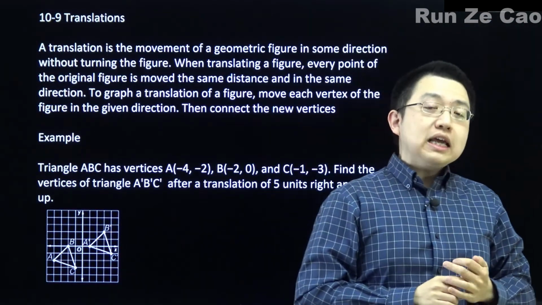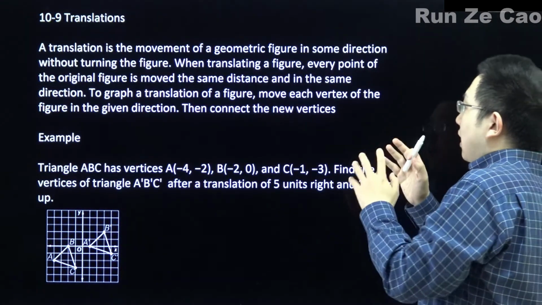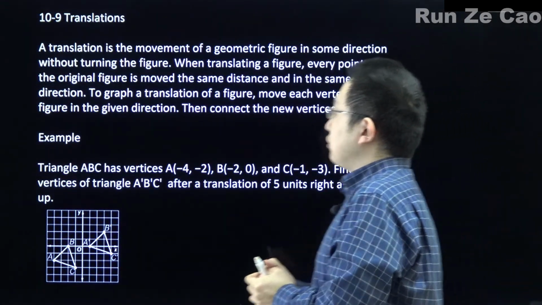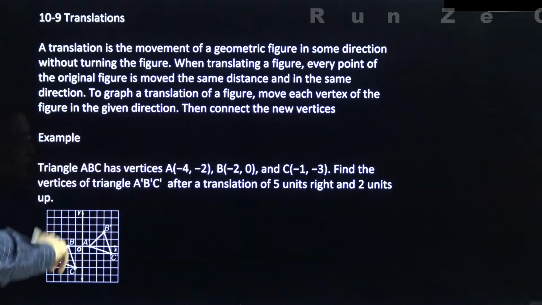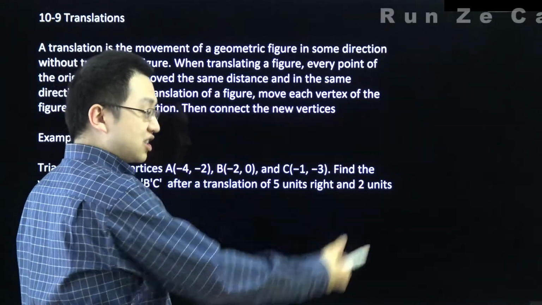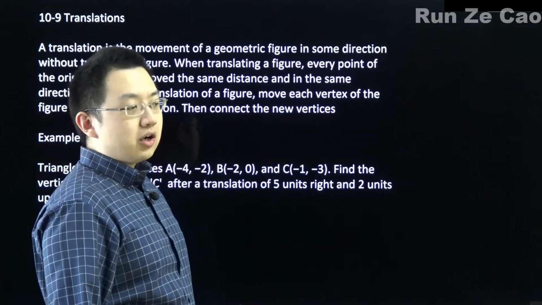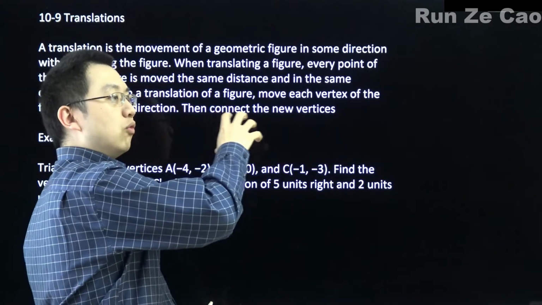So these are called translations. Now, a translation moves the geometric figure in some direction without turning, turning is rotation, or flipping, which is reflection. So there are no reflections involved. You don't flip it over. You just move it.